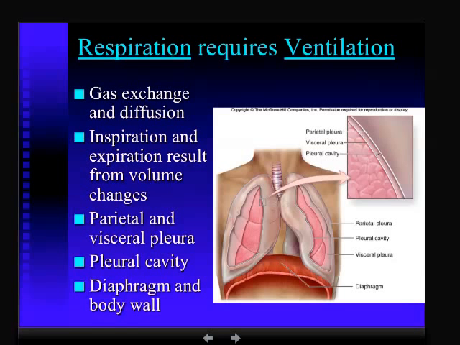All right? And that's what the muscles of inspiration and the muscles of expiration do. All right? We're going to create pressure differences. All right? Now, the way we're going to create pressure differences is to create changes in volume. All right?